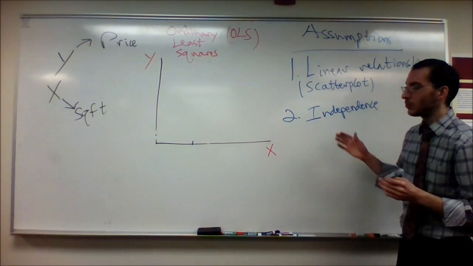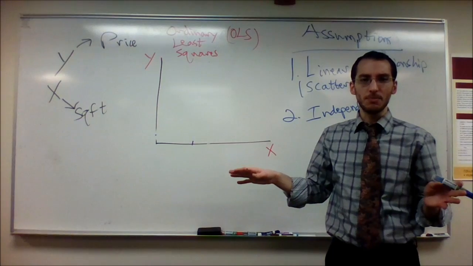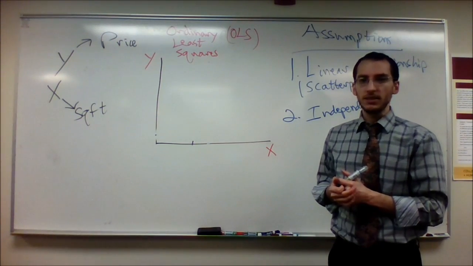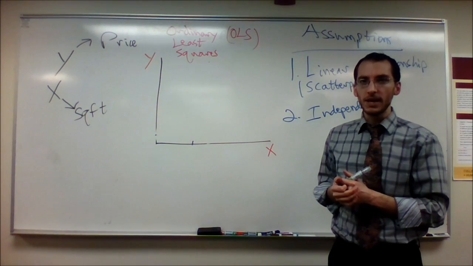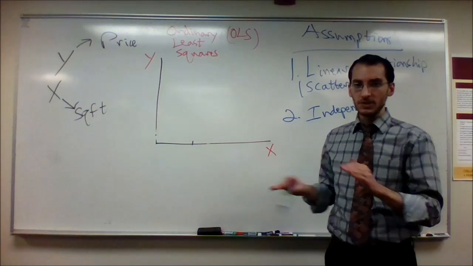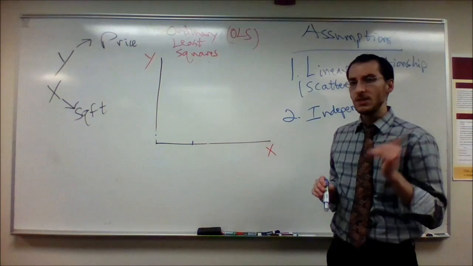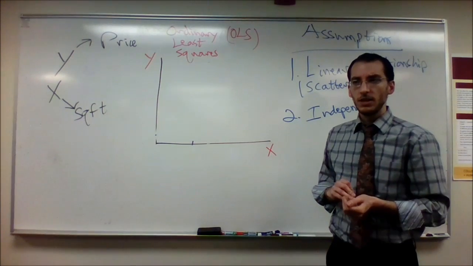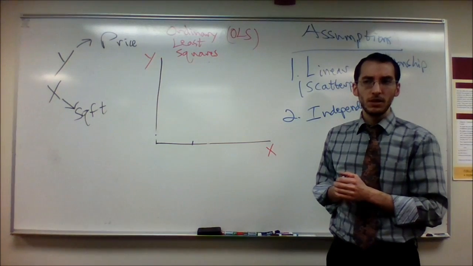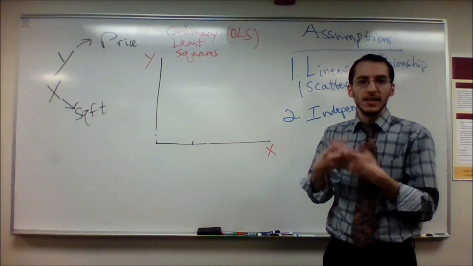Now the book, here's one correction from the book. The book says that if you get a random sample, you will have independence. That's not technically true. So that is, I would say, an error in the book. You want a random sample at a base minimum anyway, but a random sample does not ensure independence. Because you could take a random sample of twins, for example, and twins are not independent of one another.